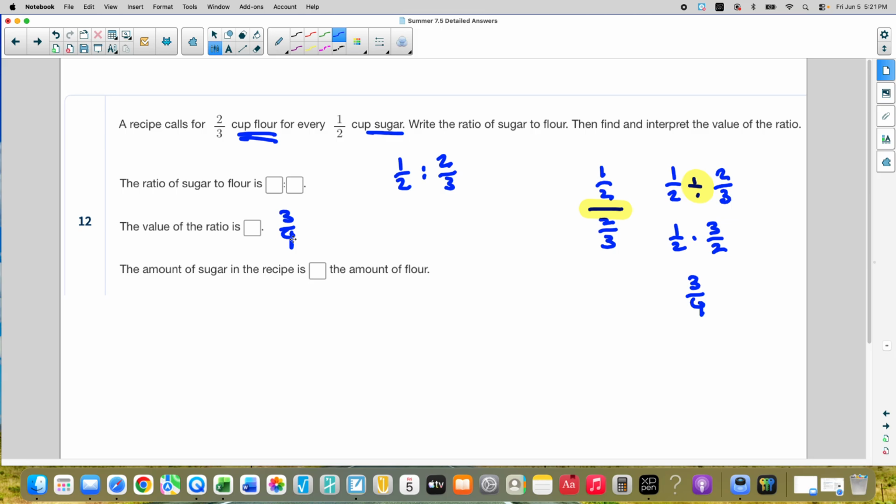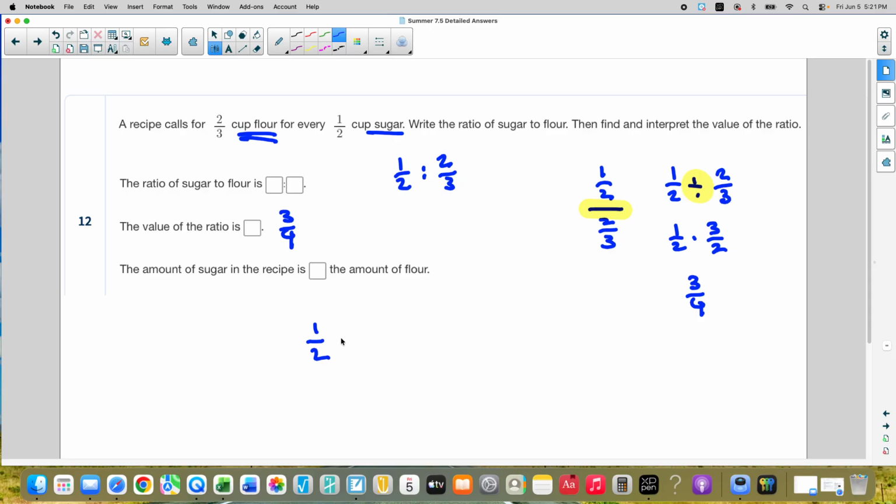The amount of sugar in the recipe is blank the amount of flour. The amount of sugar in the recipe is how many times the amount of flour. So sugar is how much of the flour, so 1/2.